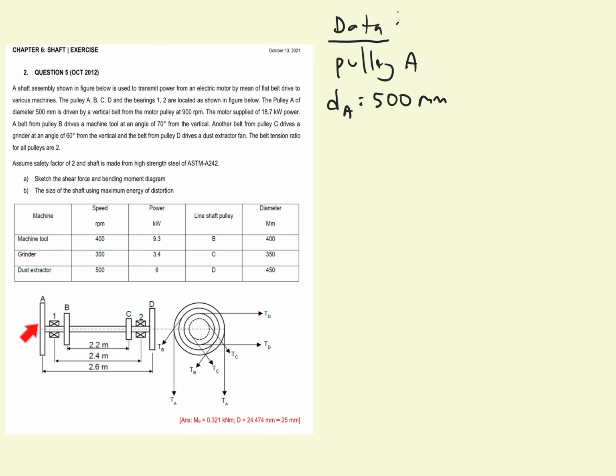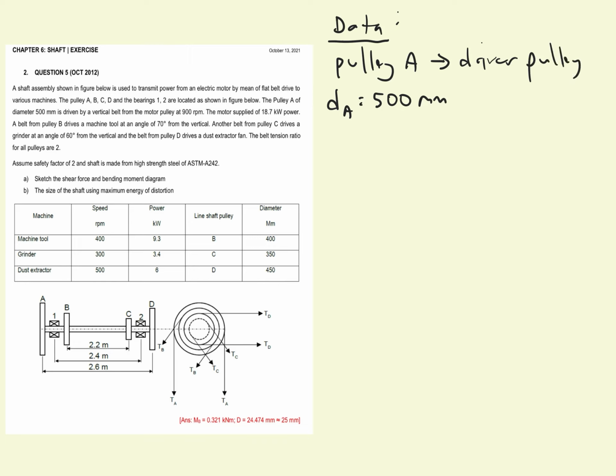So pulley A receive power from motor, means that on this shaft assembly here, pulley A will become the driver pulley because pulley A receive power from motor outside of this shaft assembly. So pulley A will be assumed as the driver pulley. So pulley A is the driver pulley.